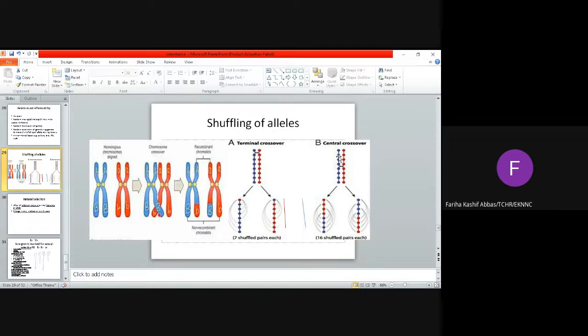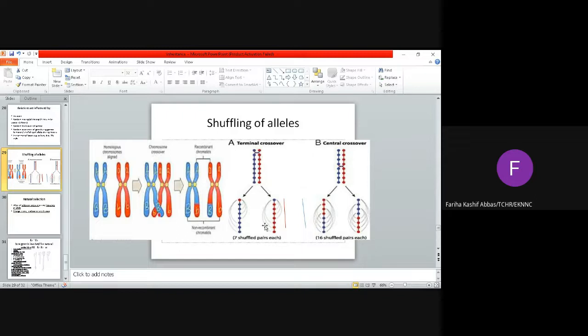Here it is half blue and half red, and here half red and half blue. But it is also possible that after crossing over there is no disjunction, no breakdown of the chromosome, and the chromosomes get separated as they are, without any shuffling of alleles.